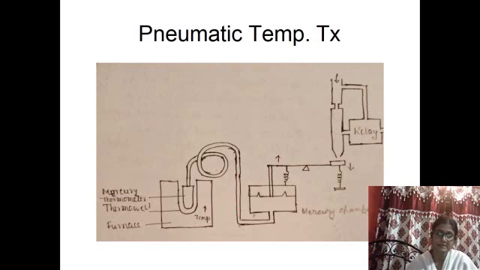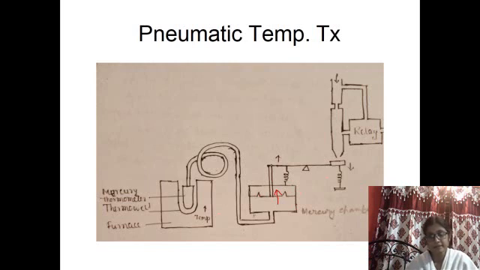Normally this is made of stainless steel. So when the temperature increases, the mercury pressure will increase at the lower portion of this chamber. This is separated by a diaphragm. So the upward pressure on the diaphragm will increase when the temperature increases.